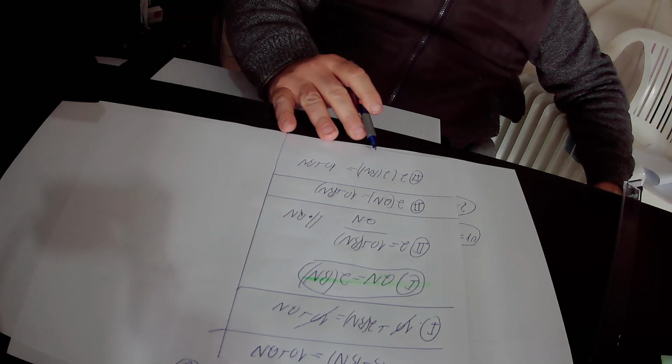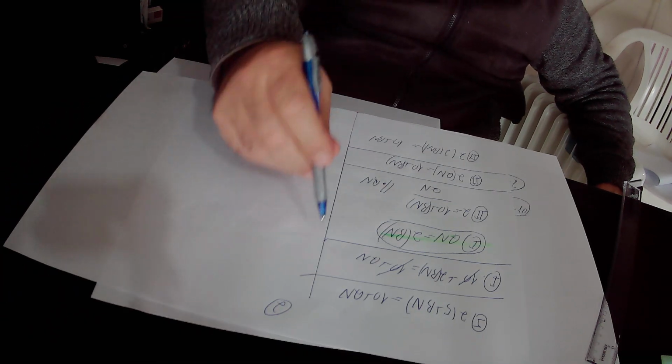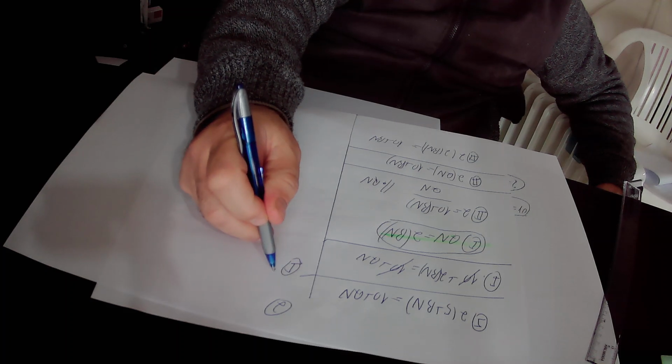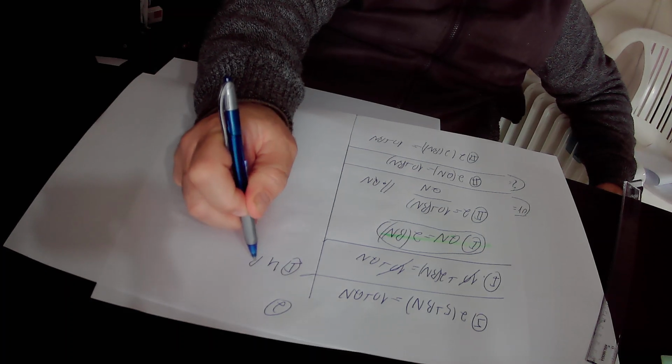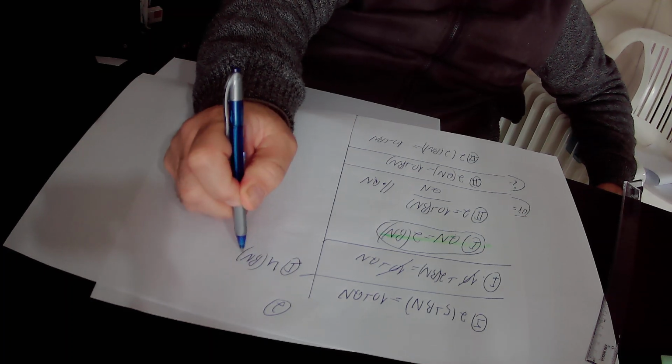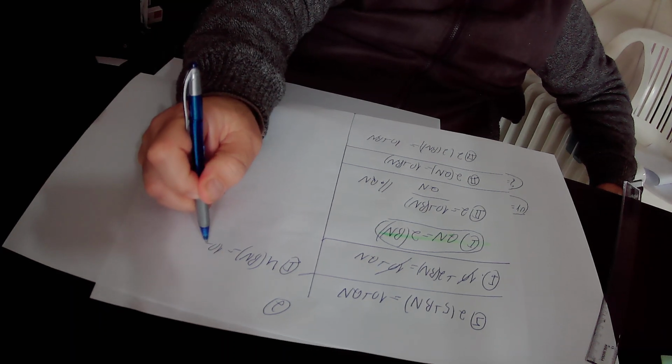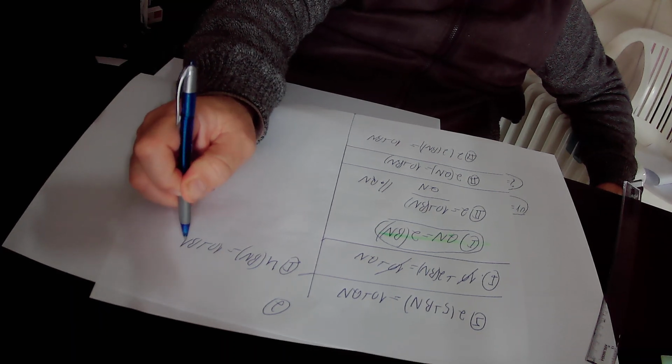Here, 2 times 2Bn is 4Bn, so 4Bn equals 10 plus Bn.